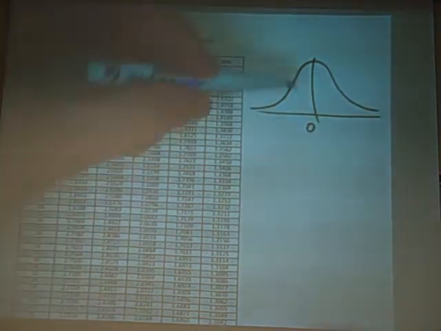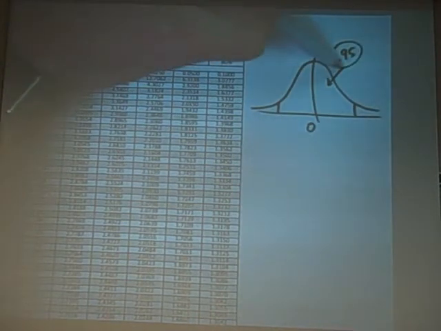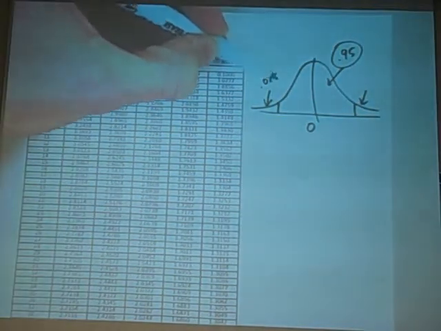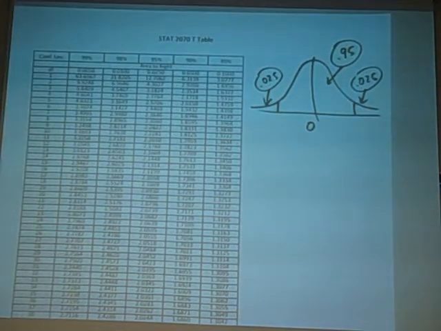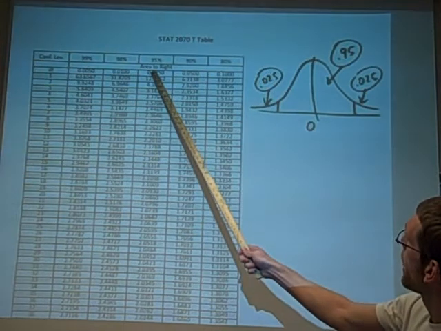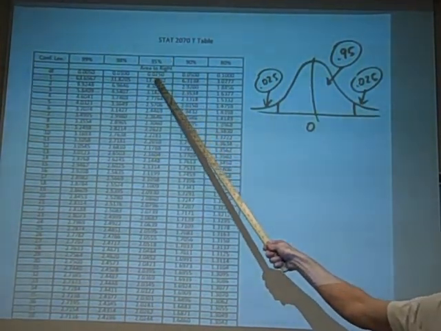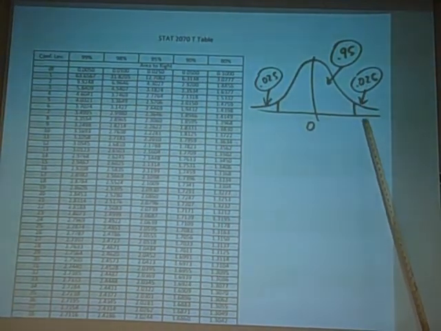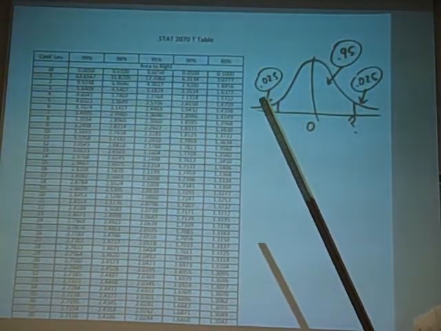So you have 0.95 in the middle, which means by symmetry you have 0.025 here and 0.025 here. The area to the right, if you're doing 95% confidence, is 0.025. That just says you're getting this value and how much area is to the right of it. Of course that varies depending on the degrees of freedom.